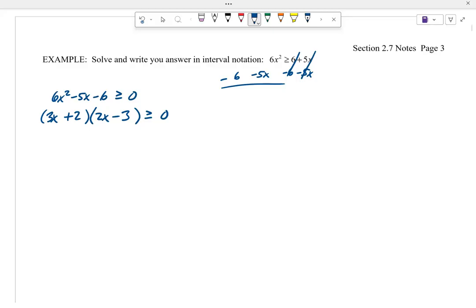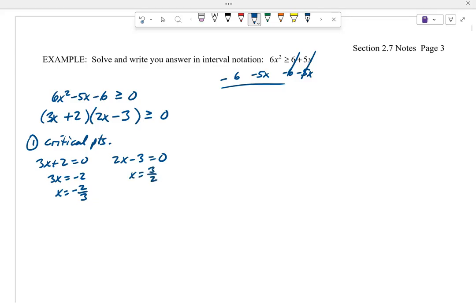The reason we're doing the factorization is we want to know where our critical points are. Our critical points are our zeros or where it's undefined. So I'm going to take that first one, set it equal to 0. Subtract 2, divide by 3. Okay, negative 2/3 is one of my critical points, and 3/2 is my other critical point.